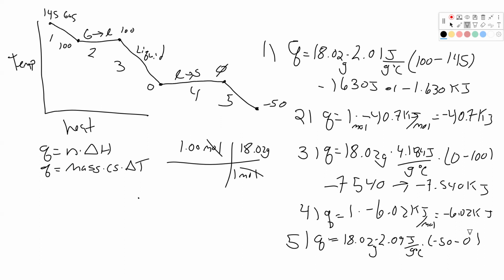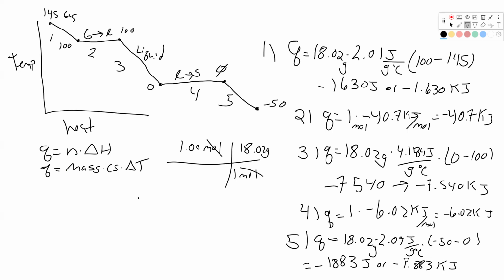So 18.02 times 2.09 times negative 50 is negative 1,883 joules, or negative 1.883 kilojoules. So we calculated what the energy is for each segment.